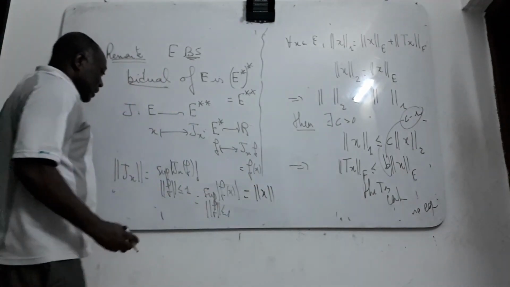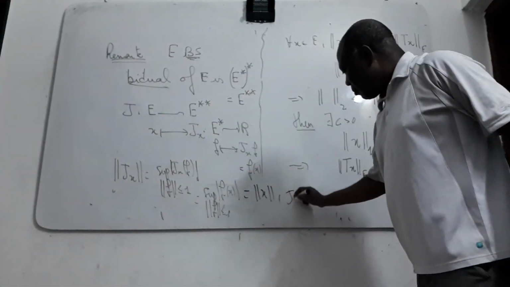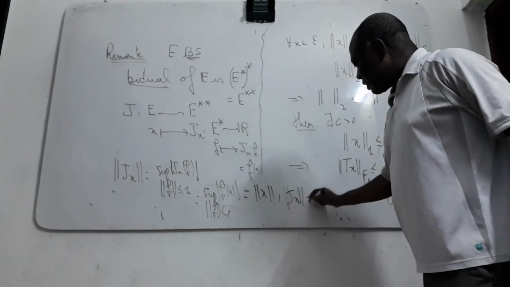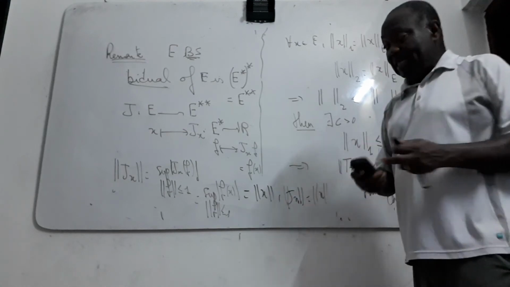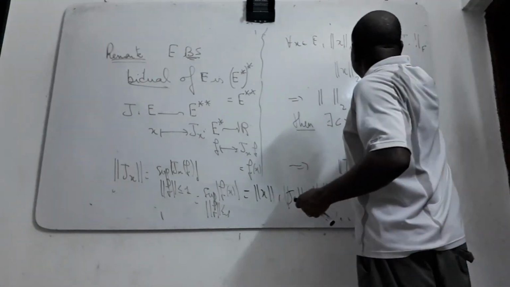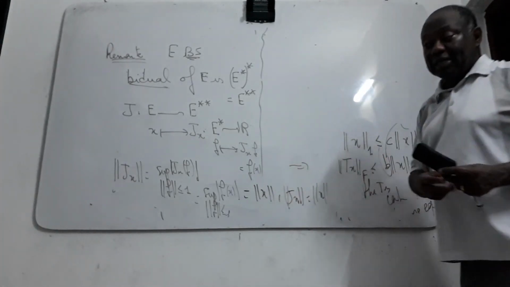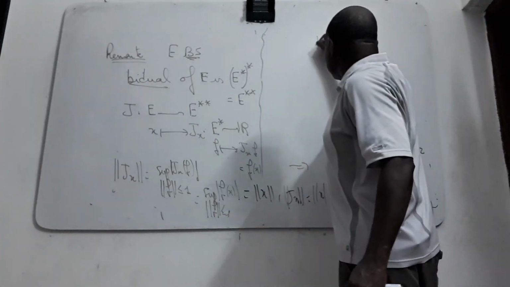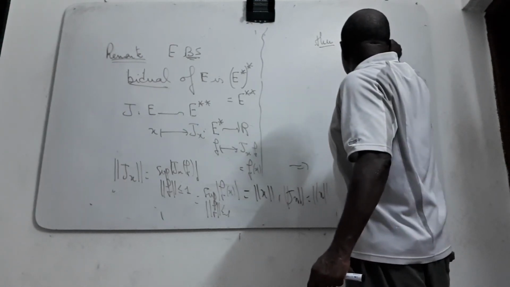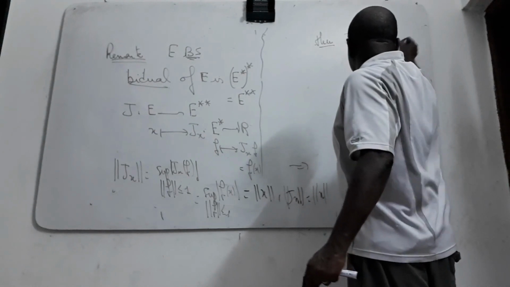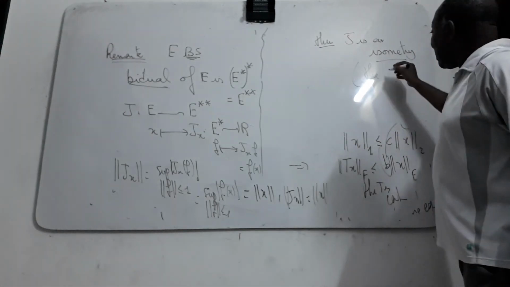So we have proved that the norm of Jx must be equal to the norm of x. That means that J is an isometry, an injective isometry, into the bidual.